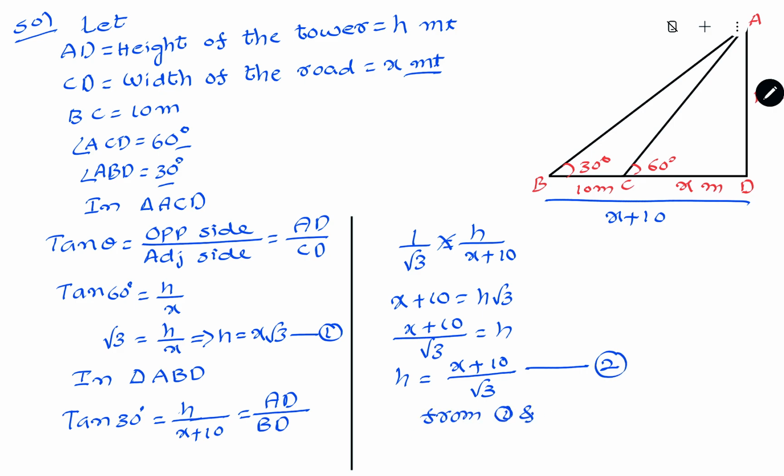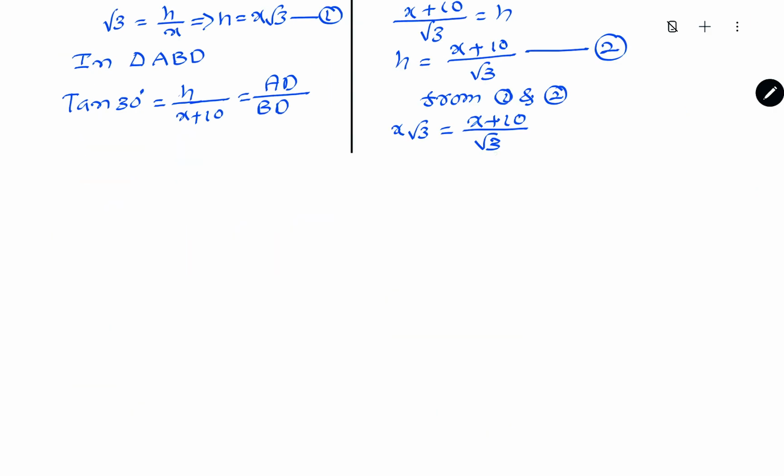From equation 1 and equation 2, here LHS sides are equal, so RHS also equal. X root 3 is equal to x plus 10 by root 3. Now transpose root 3 from RHS to LHS. Then x root 3 into root 3 is equal to x plus 10.